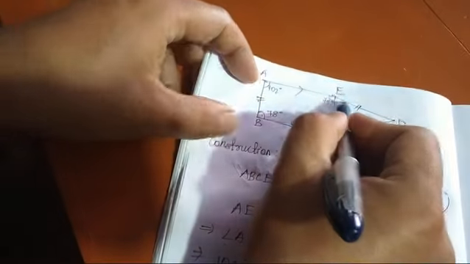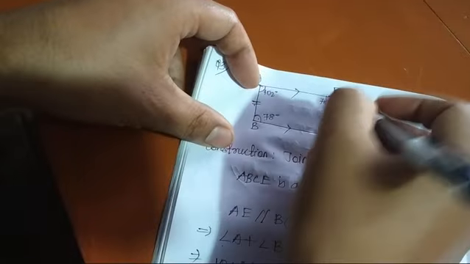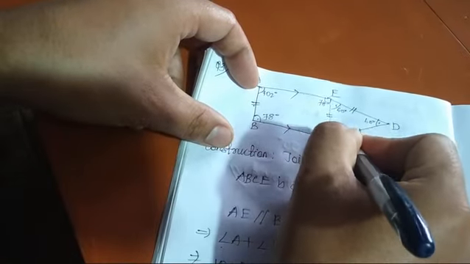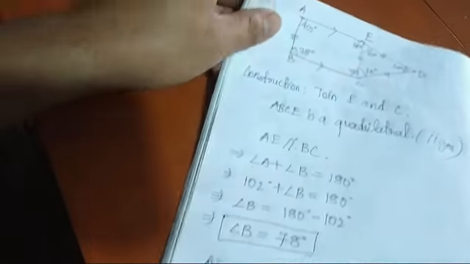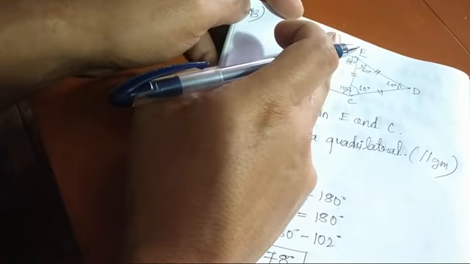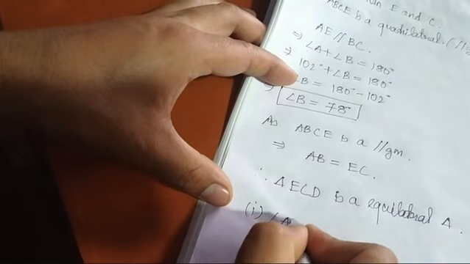Then this angle has to be 60 degrees, this angle has to be 60 degrees, and this angle has to be 60 degrees. So I'm keeping it as 60, 60, and 60 as well. So therefore my answer is done. I was asked to find angle AEC.